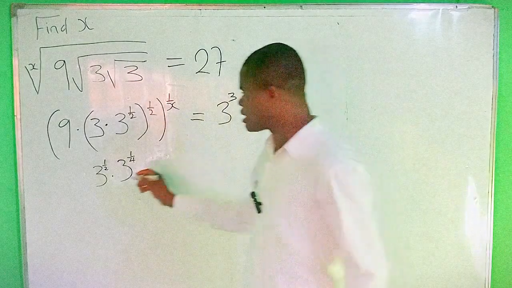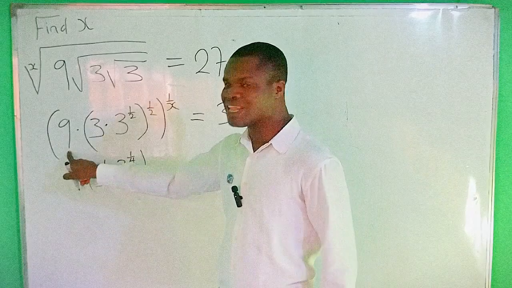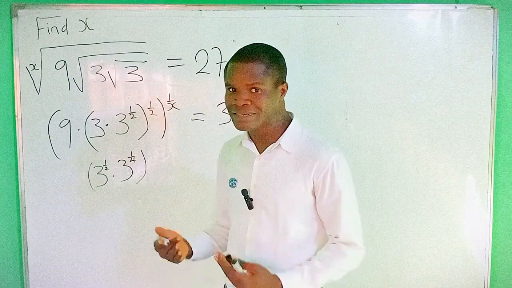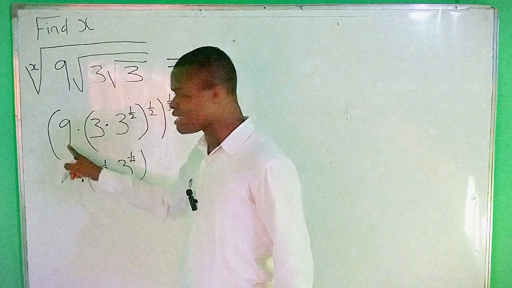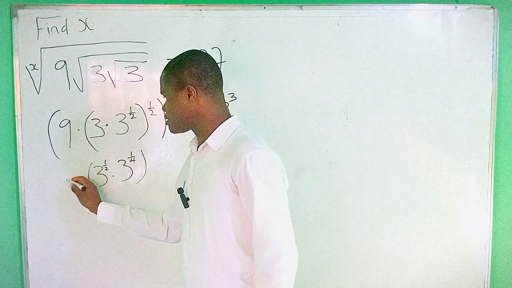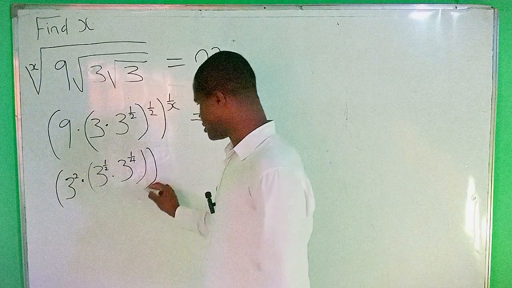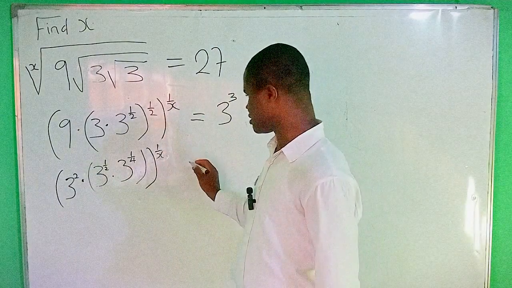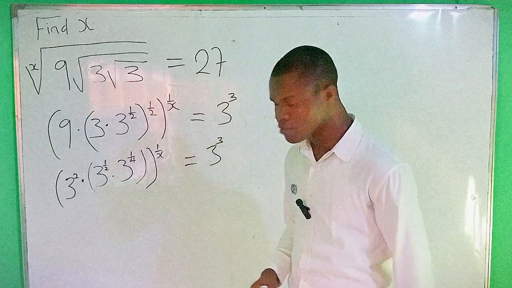Then bringing back the last bracket. So bringing down what is in the last bracket, this is 9. 9 can be written as 3 raised to power 2. So instead of writing 9, I will write 9 as 3 raised to power 2. Then bring down the last bracket. Then the power here is 1 over x, all equal to 3 raised to power 3.